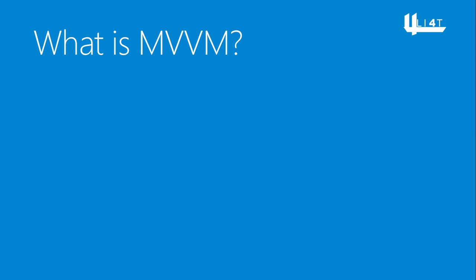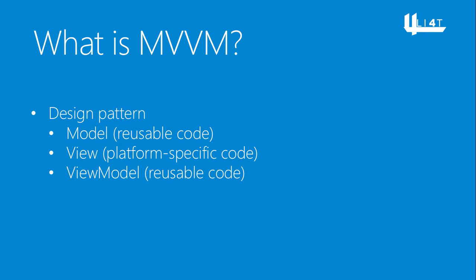Now, let's dive into what MVVM is first. MVVM is a design pattern, and we usually use a design pattern when we want to have our code in a certain order so we can reuse it in a better way and maintain it better.